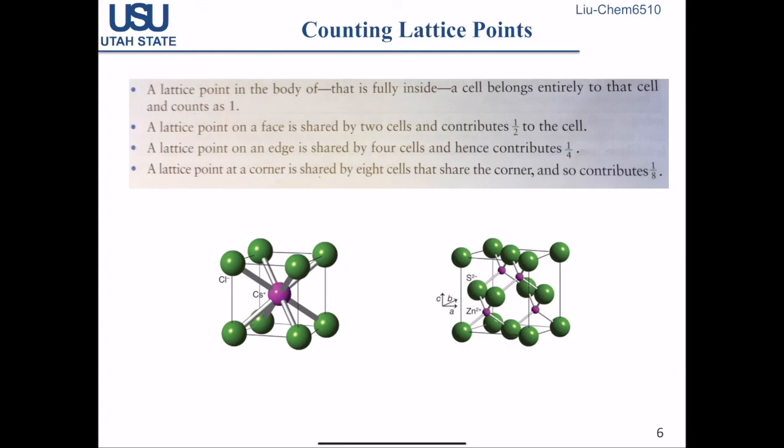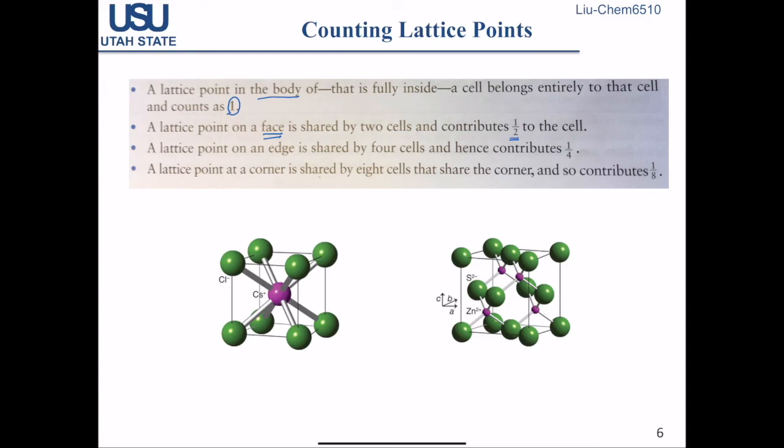If a lattice point is in the body, then that point will count as one. Okay, if a lattice point is on a face, because it is going to be shared by two cells, then this face point contributes half a point to each individual cell.